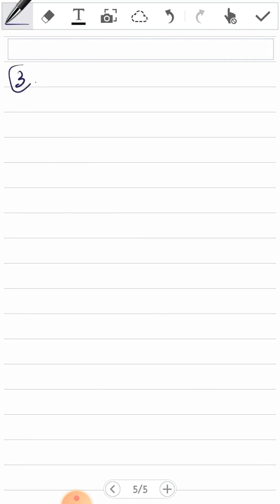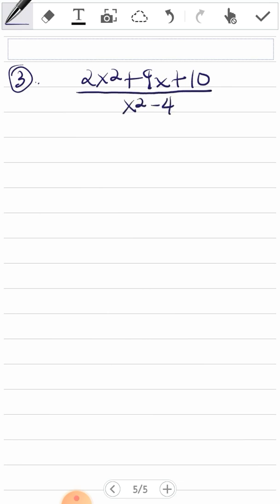Okay, so I'll go on with the last question, which is 2x squared plus 9x plus 10 over x squared minus 4. For this part, we can see that the coefficient of x squared is 2. So we have to multiply the coefficient of x squared by the constant 10.